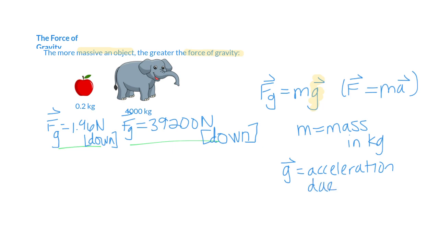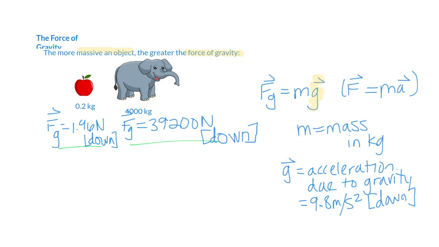This is the acceleration due to gravity that we saw in our motion of a falling object assignment. And it is actually equal to 9.8 meters per second squared in the down direction if there is no air resistance. So as long as there's no air resistance, all objects would fall at the same rate.